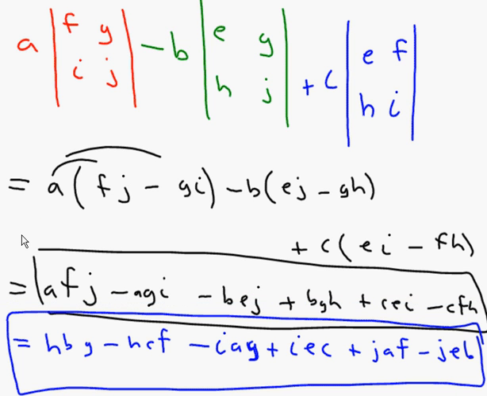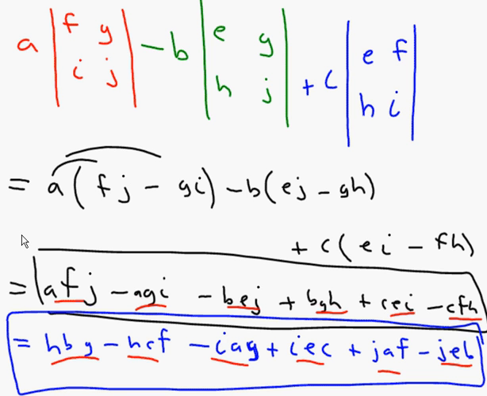Here you go. That matches, right? This matches. This and this match. This and this match. And we're getting there. That and that. And hopefully, yes, it does. So it doesn't matter what row you expand by minors with.